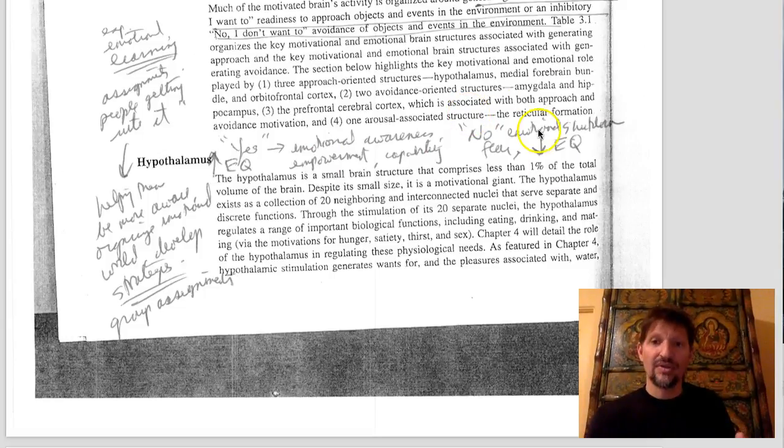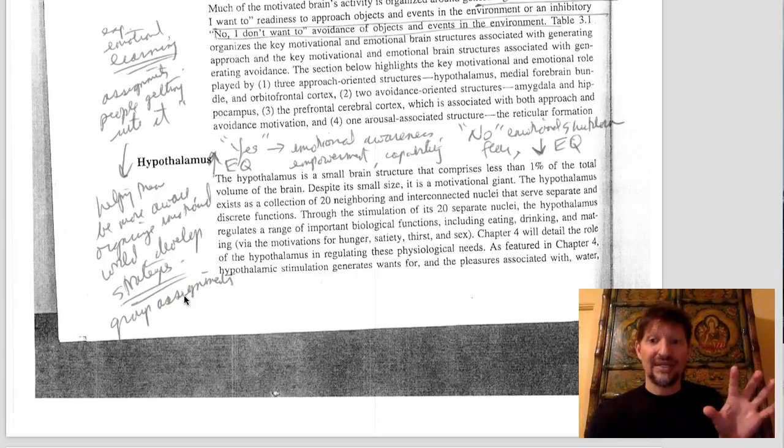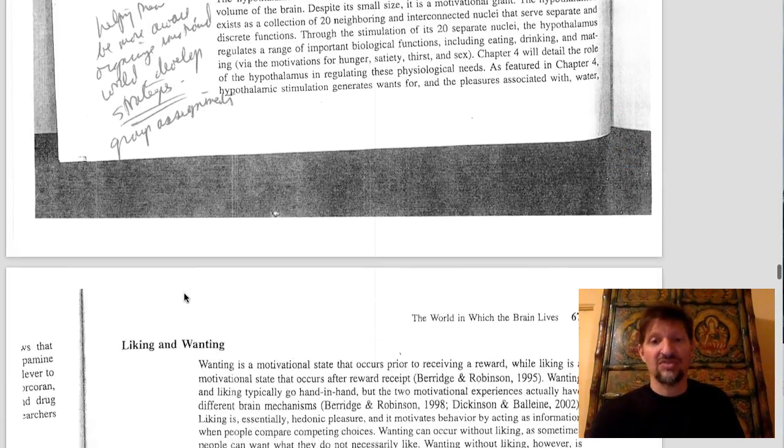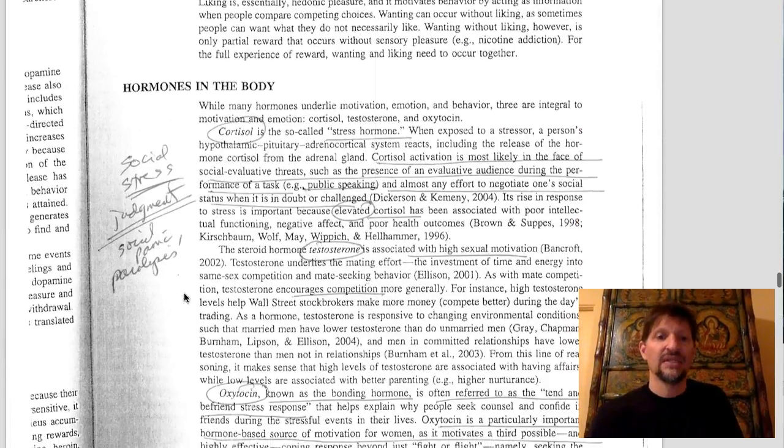The no tends to lead to more emotional shutdown and fear, and in my estimation anyway, it tends to lower your emotional intelligence or your EQ. Helping others and yourself be more aware, organize your emotional world, and develop strategies, just like in our group assignments that I mentioned in the other video, can develop a new pattern, a rewiring in your brain that can allow you to feel right about approaching even uncomfortable emotions. And that's sort of what we're getting at here, okay?